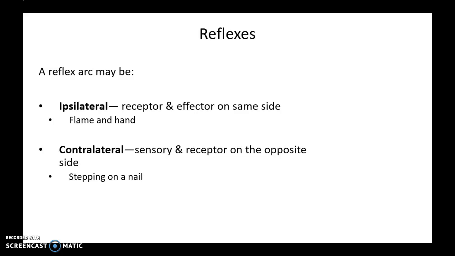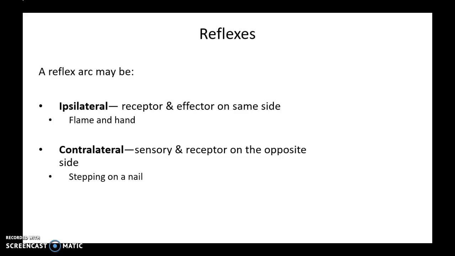Contralateral reflexes have sensors and receptors on the opposite side of the body. For example, when we step on a nail, if we are a normal person, we feel the pain, right? And as you feel the pain, obviously you withdraw your foot.